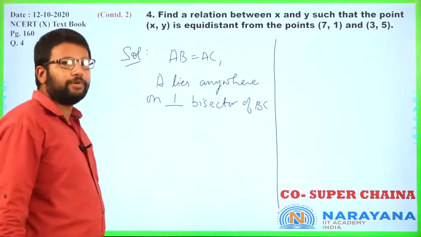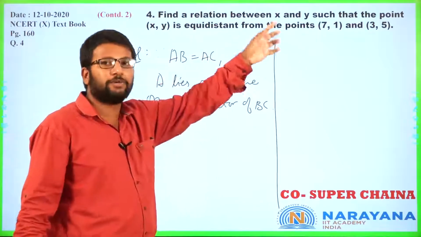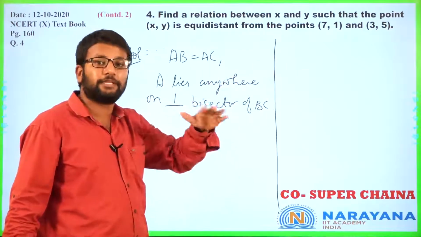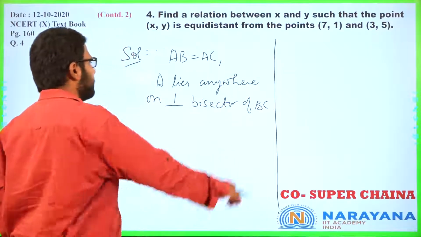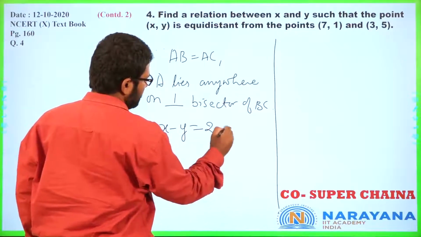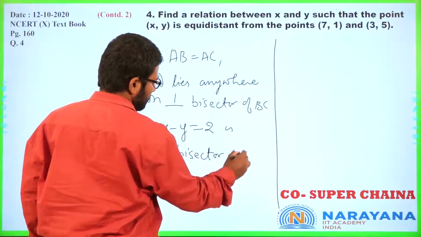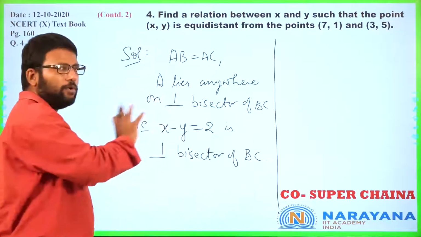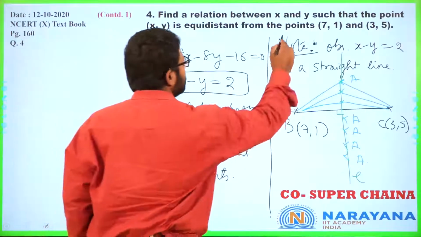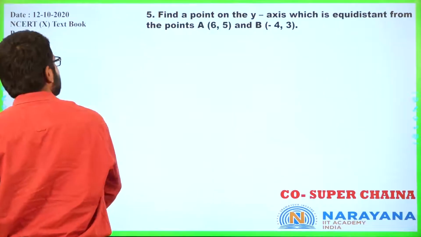This is very important for you to understand. The question is not asking that, but I can easily modify the question and ask you, how many such points A are possible? The answer is infinite such points are possible. So x minus y equal to 2 is perpendicular bisector of BC. This all is a note only, this is not part of the solution. Okay, got it? Let us proceed then.